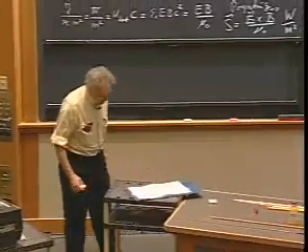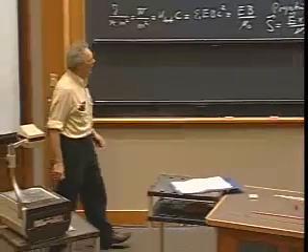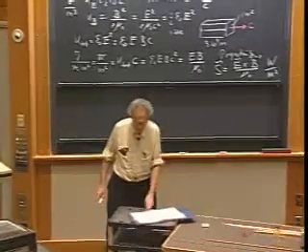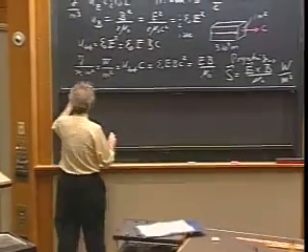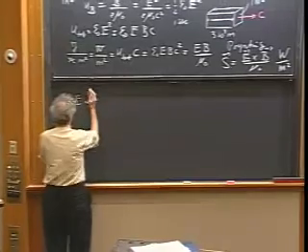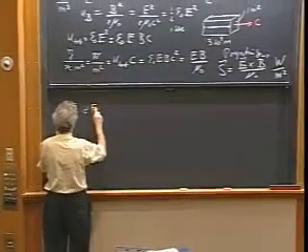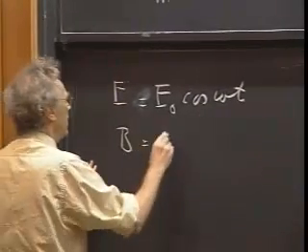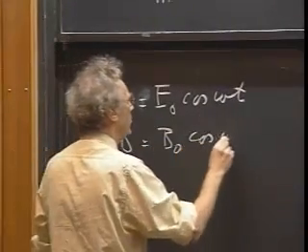Now both E and B are time variable. And so the Poynting vector will obviously also be time variable. E is some E0 times cosine omega t, and B is some B0 times cosine omega t.